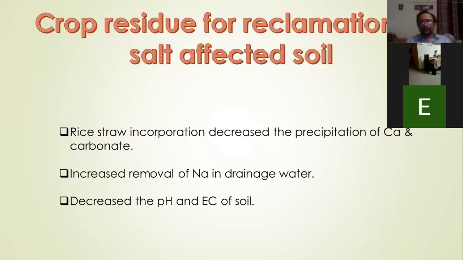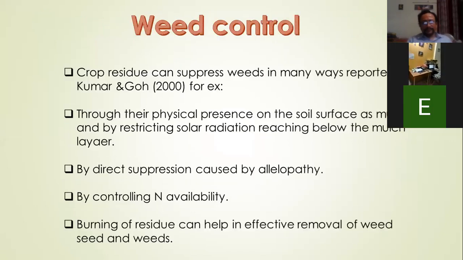Crop residues for reclamation of salt-affected soil: for the reclamation of salt-affected soil, rice straw incorporation decreases the precipitation of carbonate, increases removal of sodium in drainage water, and decreases the pH and conductivity of the soil. Weed control: these are some aspects related to direct suppression, by controlling nitrogen availability.